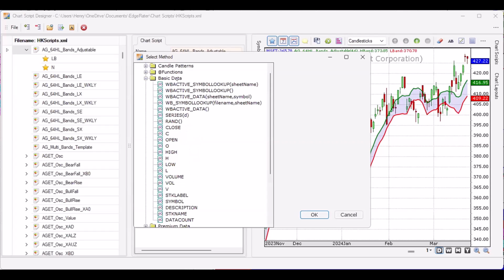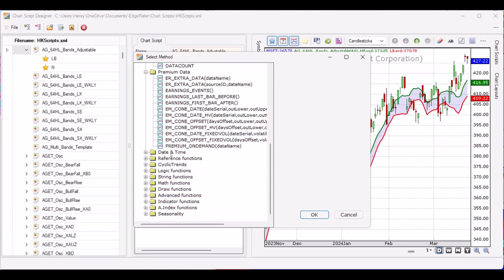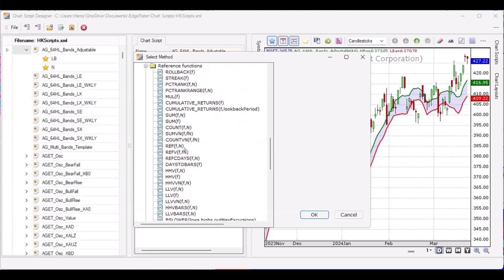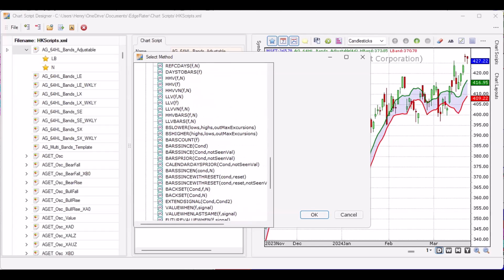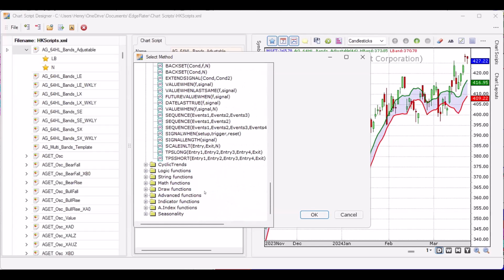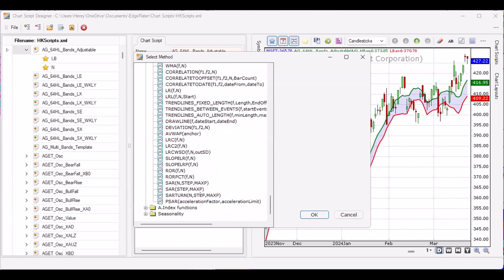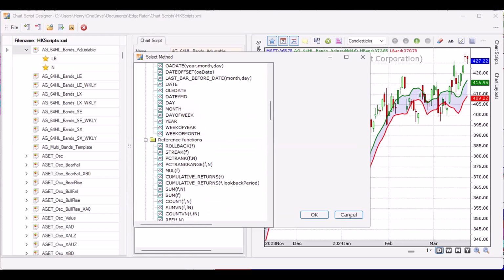It has basic data that you can put in. Premium data, you can look at time and date, your reference functions, how you want to put it, if you want to make bar count or whatever, math functions, indicator functions. You can put in seasonality, whatever you can put in there.